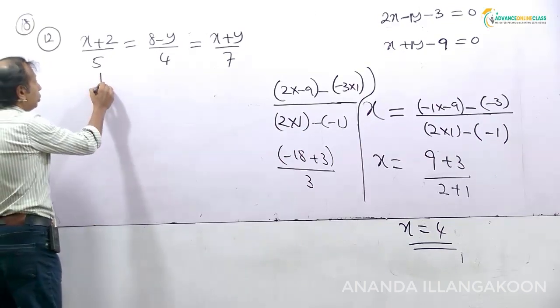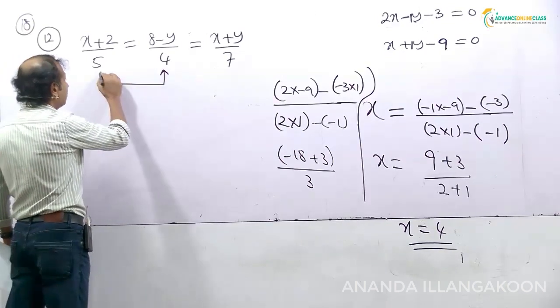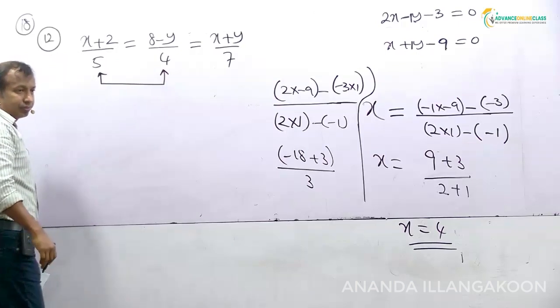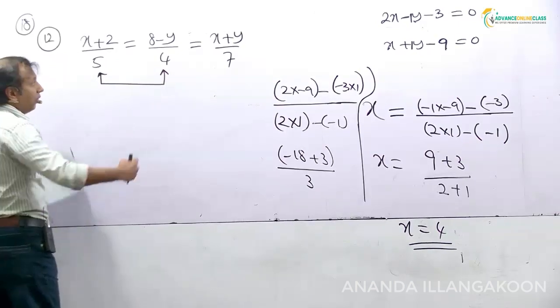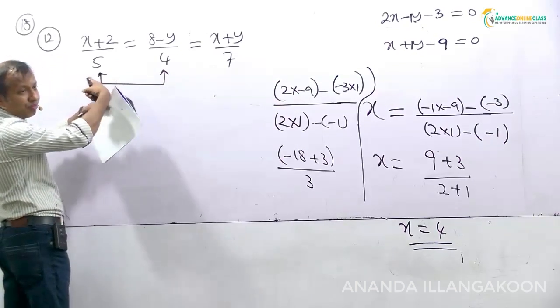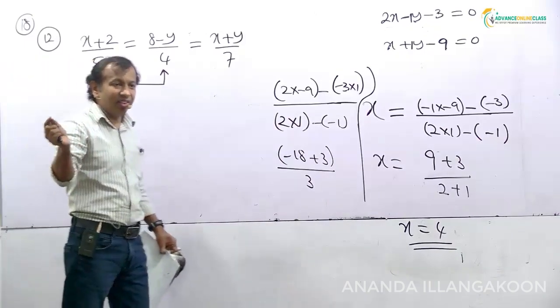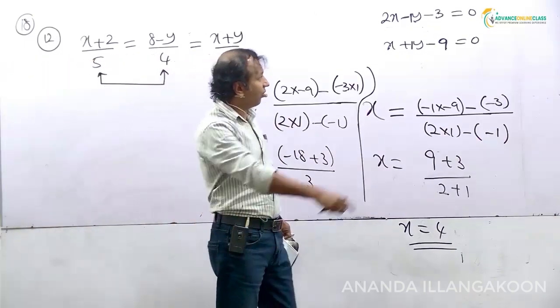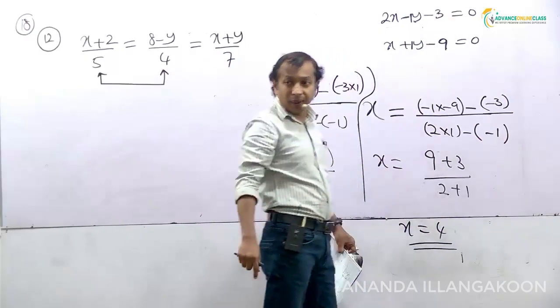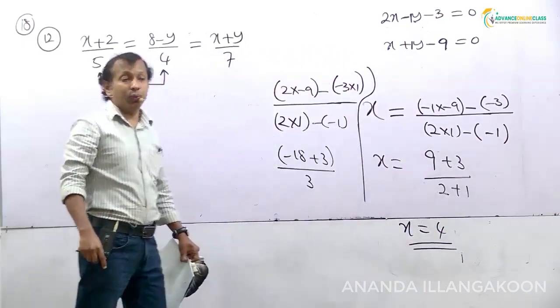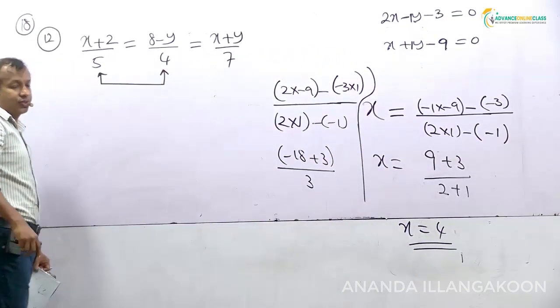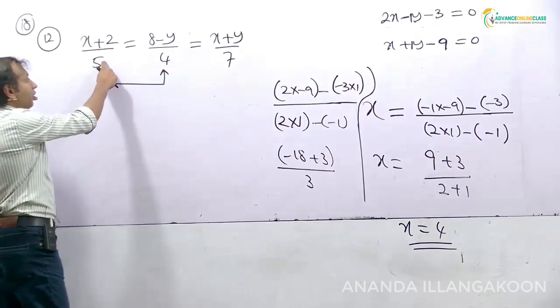First, equate any two you like. Suppose these two we equate. And using the properties of proportions, we bring x and y to one side, then we take one equation as here. Now we equate any other two expressions you like. First we equated these two, no?